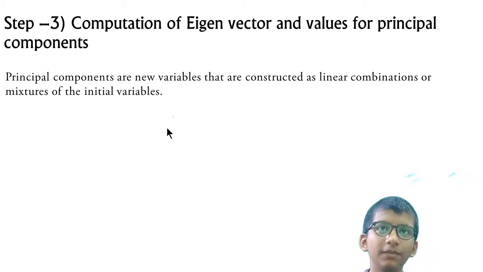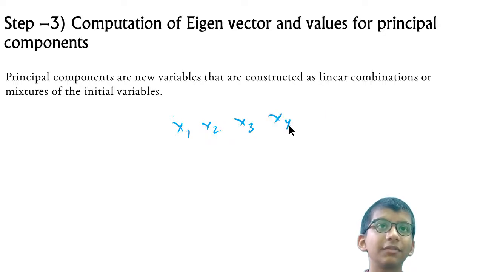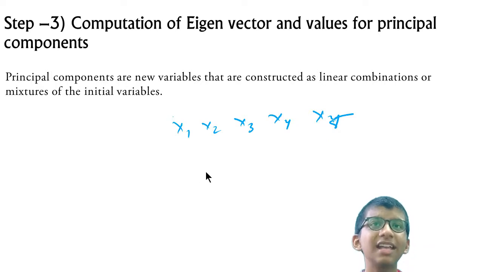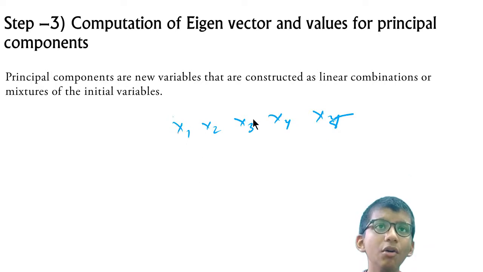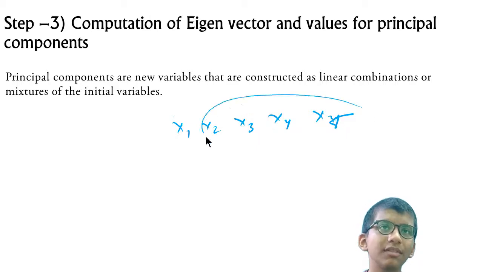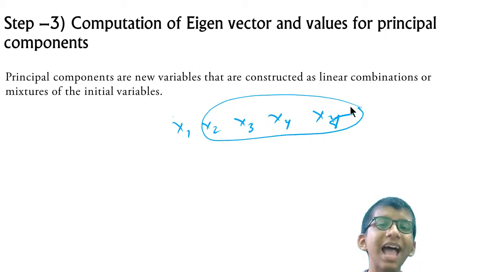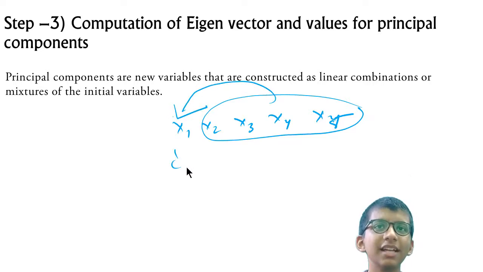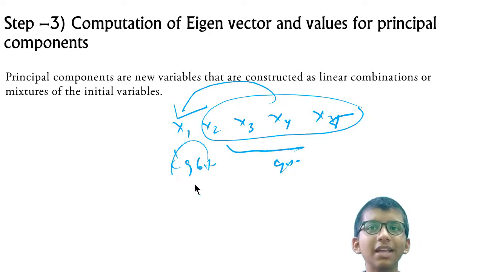Let's say we have x1, x2, x3, x4, x5. What it does is take all this information and put as much as it can into one variable, which contains, let's say, 96%, and this one contains 94%. So we'll definitely go with the 96%.